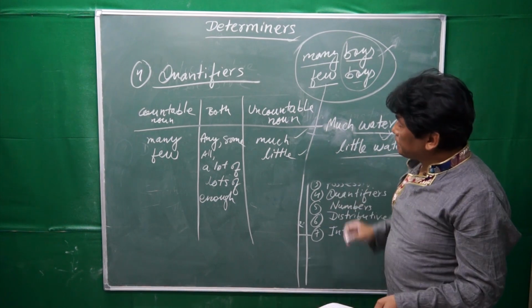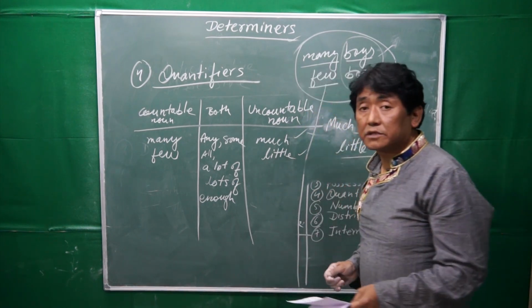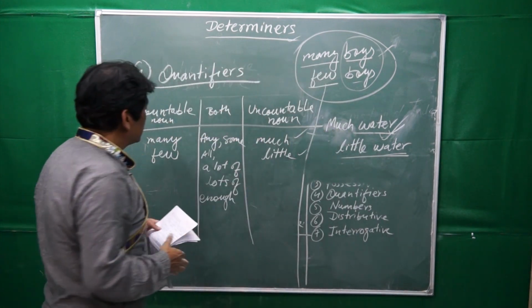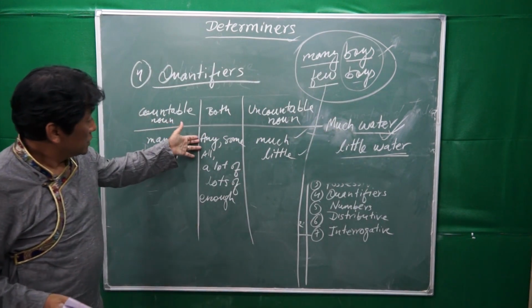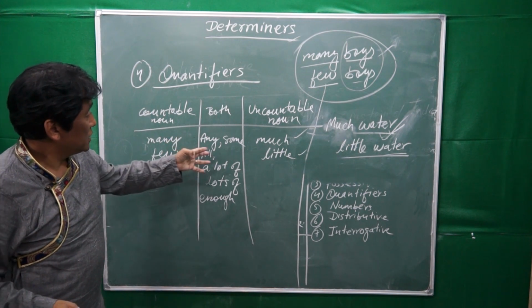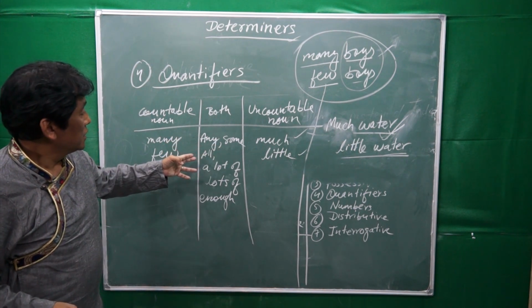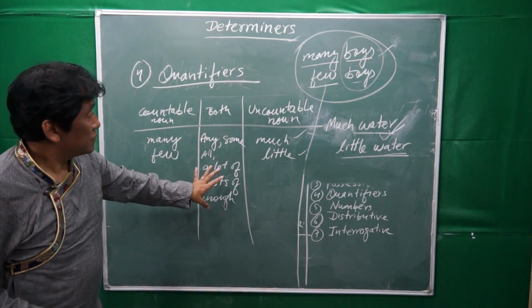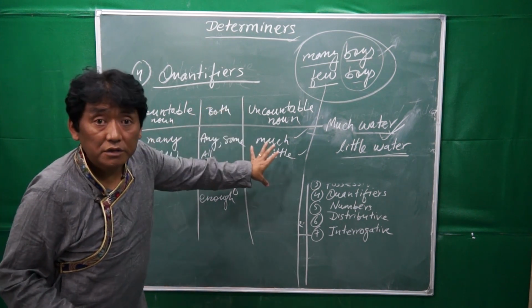Now, there are some determiners that we can use with both. Take these determiners: any, some, all. These determiners can be in front of both countable and uncountable nouns.